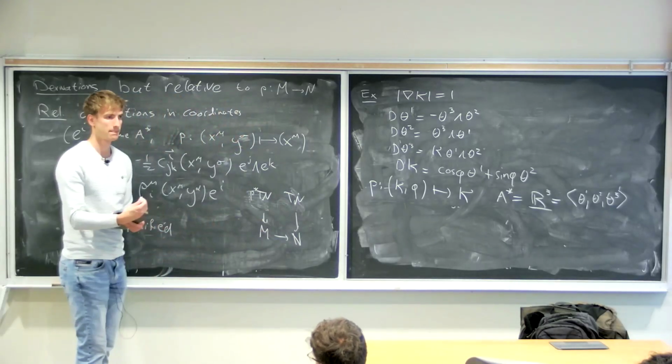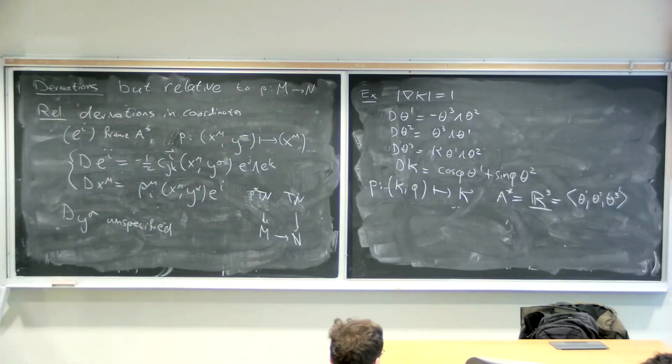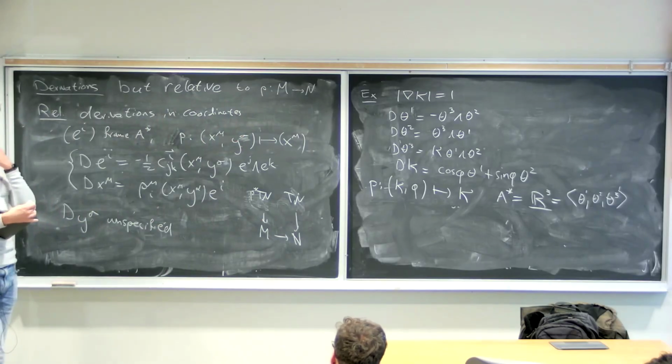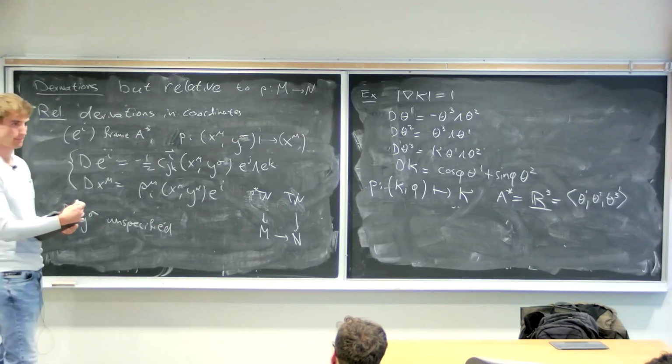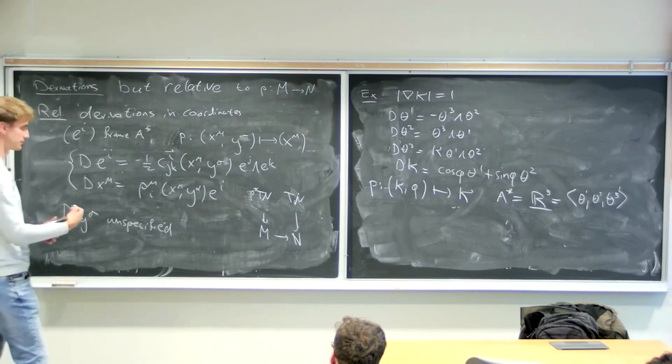So what would a relative derivation be in this context? A relative zero derivation, that will be a relative vector field. Oh wait, a relative linear vector field.